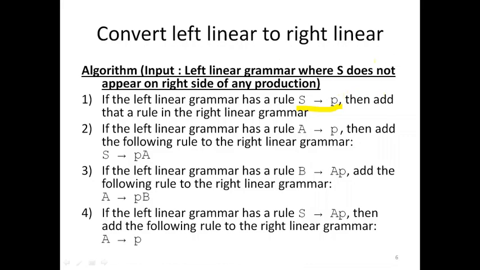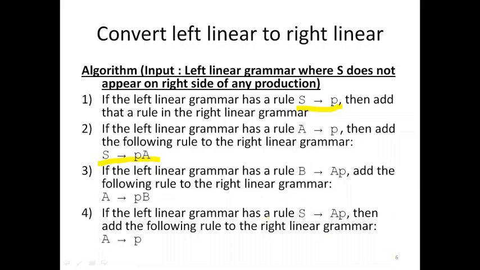Now, if you have productions of the form capital A giving small p, where A is not a start symbol, what you do is you add productions of the form capital S giving P capital A, where S is the start symbol. So productions of the form S giving P capital A are added to the grammar in right linear form.